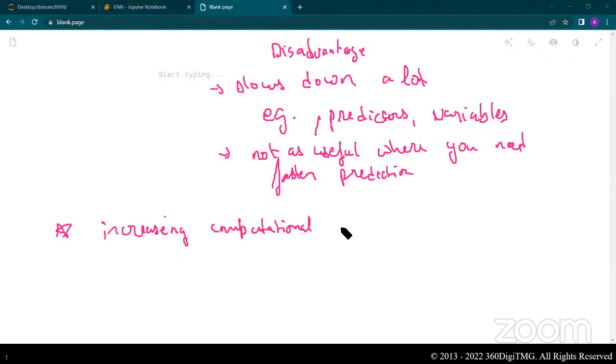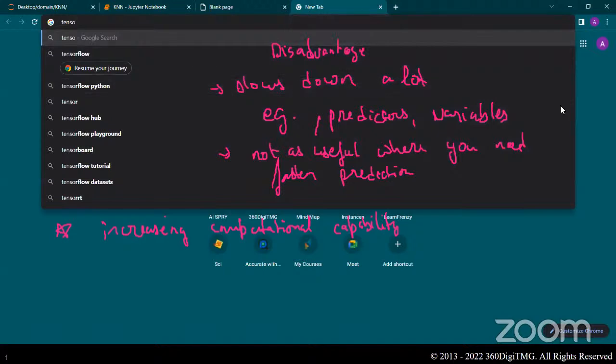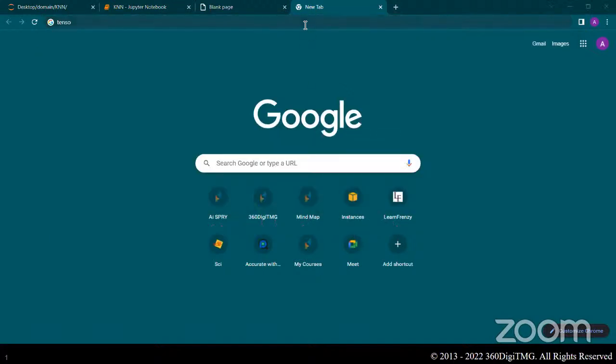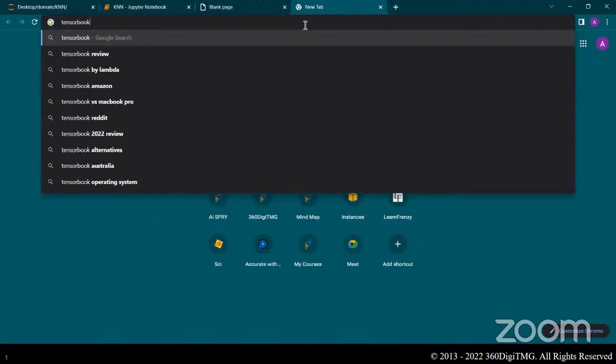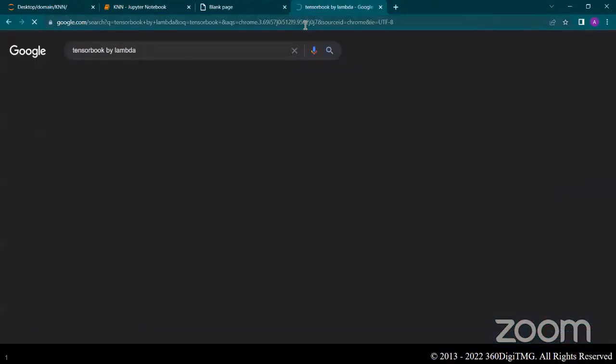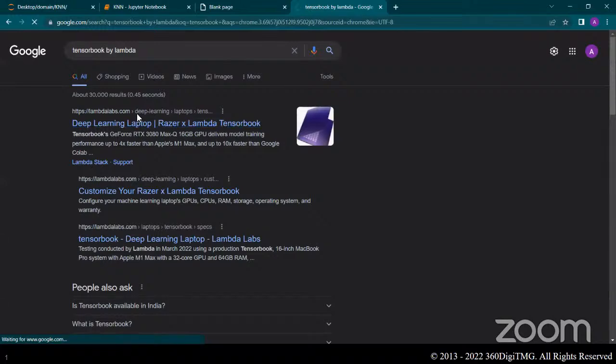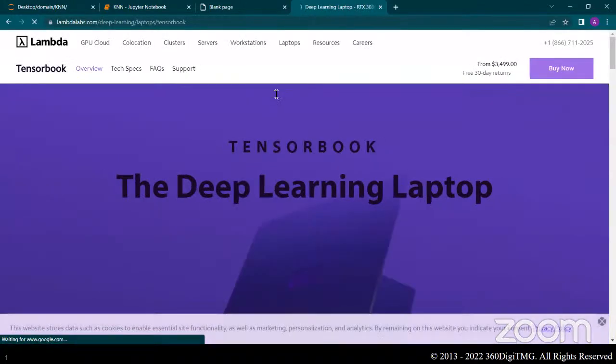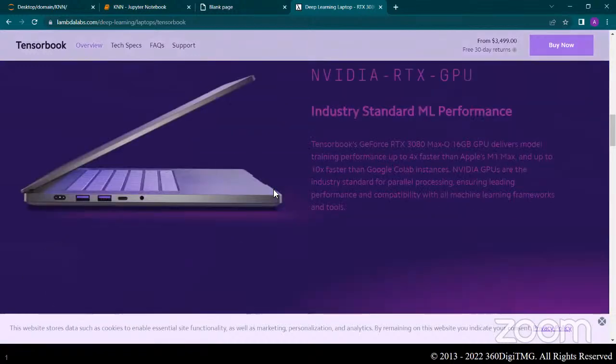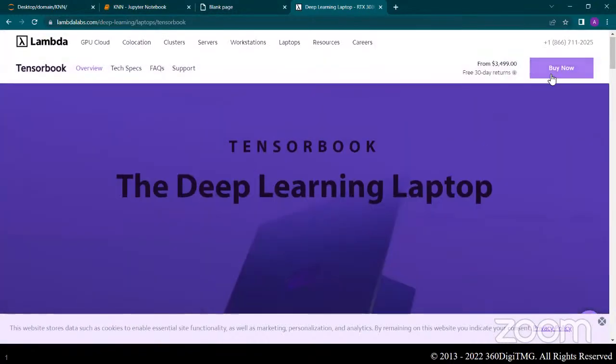Now, if you feel like your KNN model is not performing well and all you want to do is build KNN, let me show you something. You go to Lambda Labs and you buy this laptop for 3,500 USD.